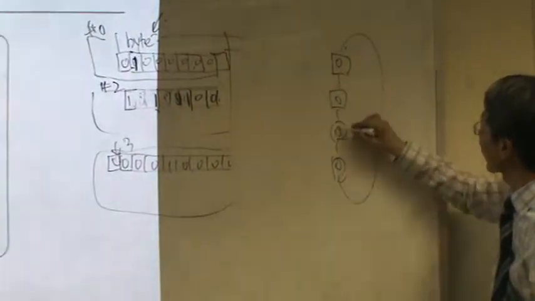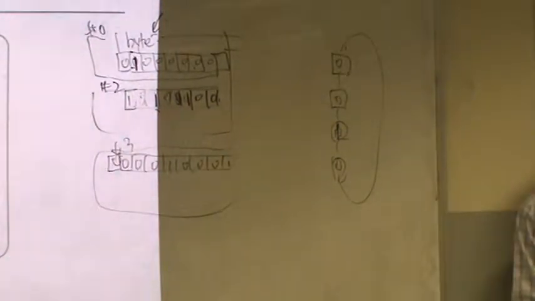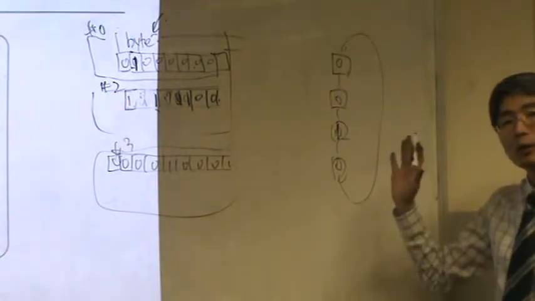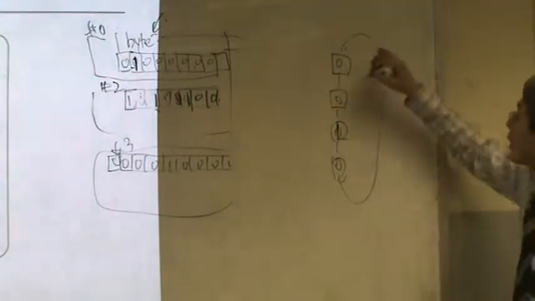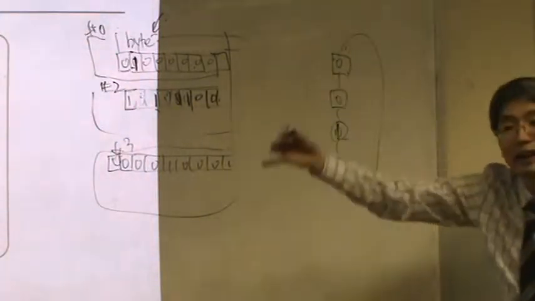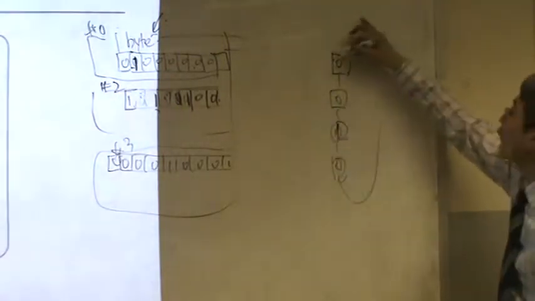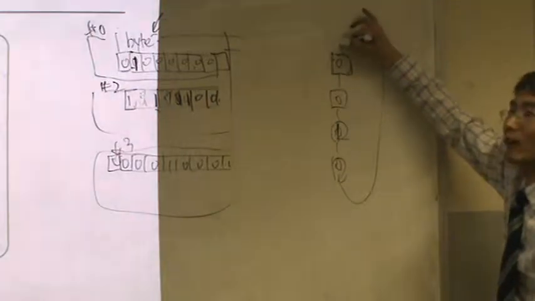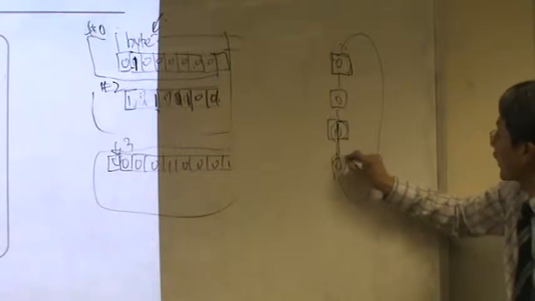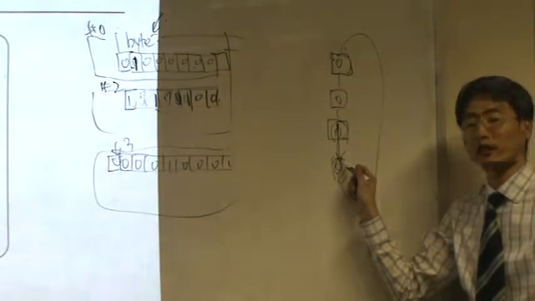If this one is referenced, it is set to 1. If we want to find the victim page, we'd like to find the 0. 0 is not referenced before, 1 means it's referenced. So to find the 0, we start from the last referenced one. If this one is not referenced before, we will select this one as the victim.